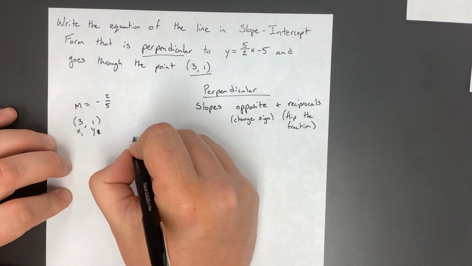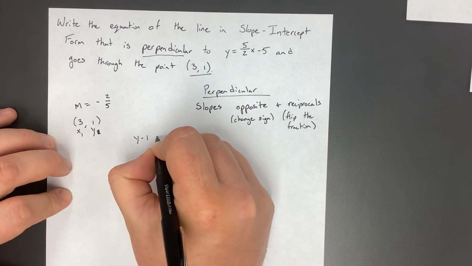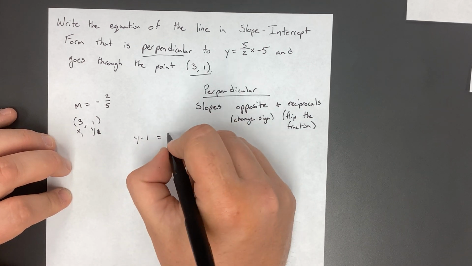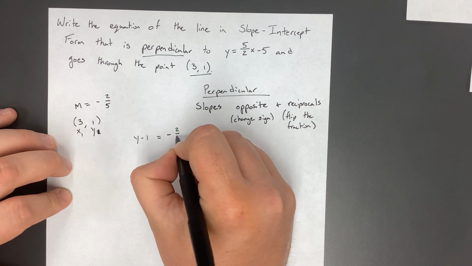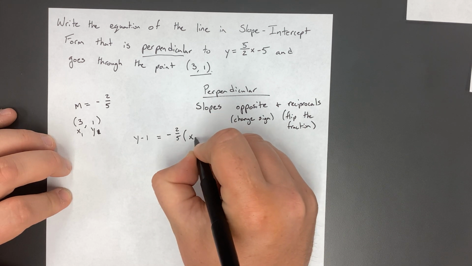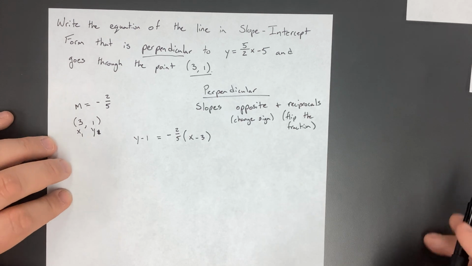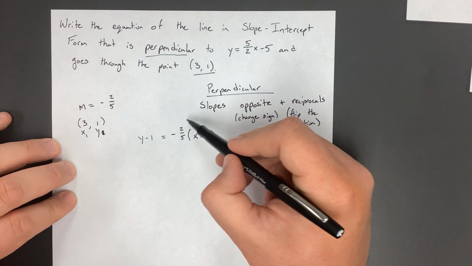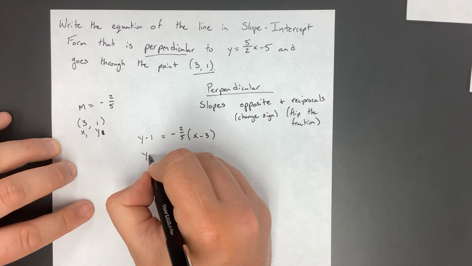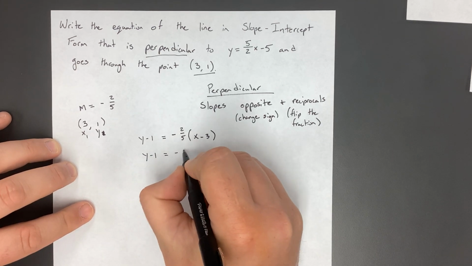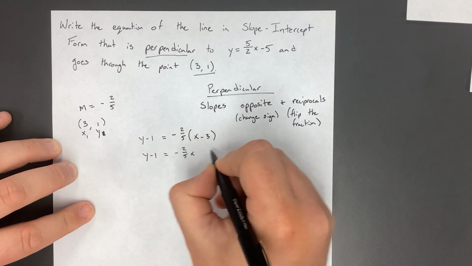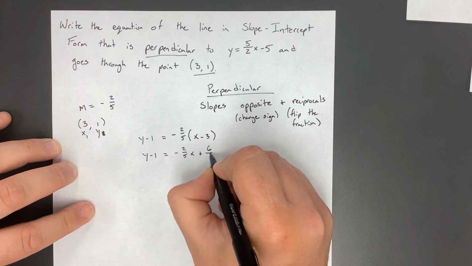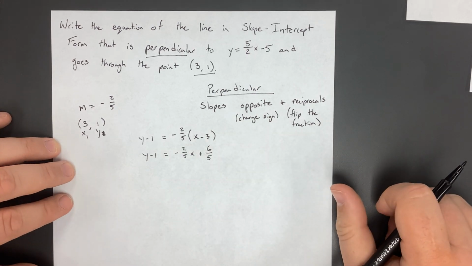So I'm going to plug everything in. Y minus 1 is equal to negative 2 over 5 times x minus 3. I don't have anything to clean up, so I'm going to distribute the slope to both things in parentheses: negative 2 over 5x plus 6 over 5.